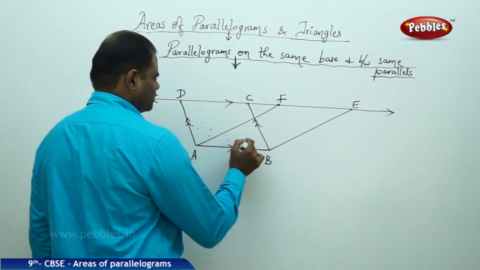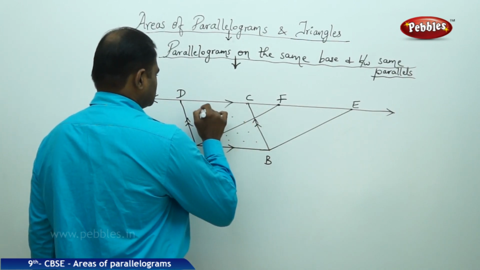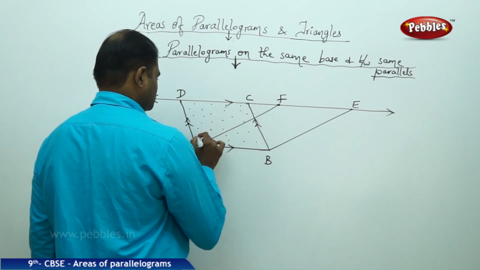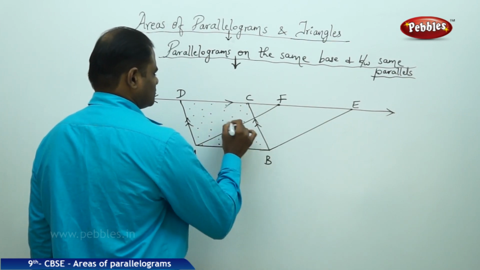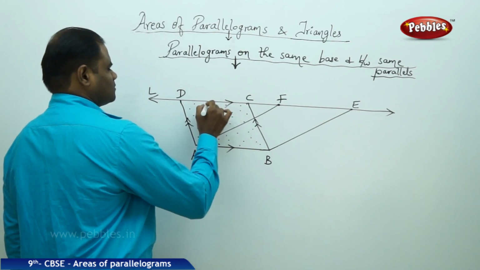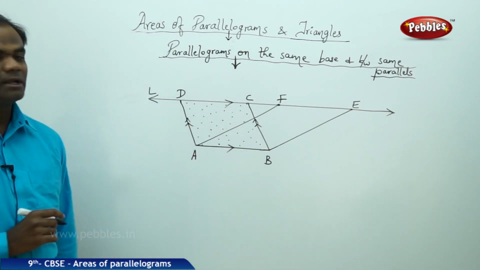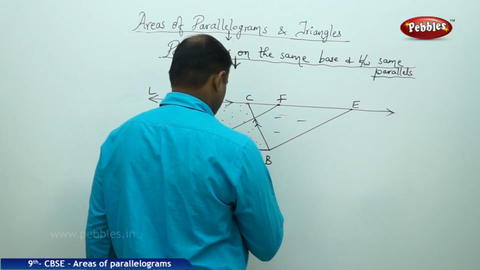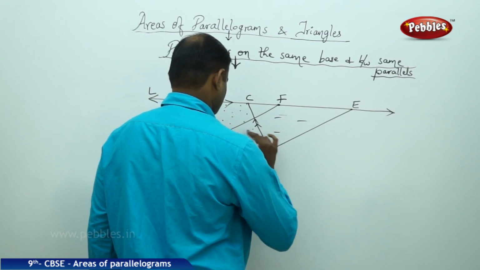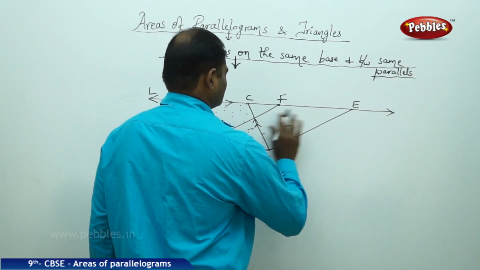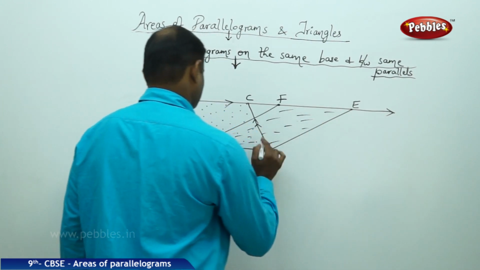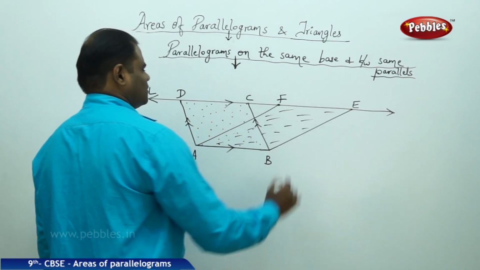One is the parallelogram which is obtained by ABCD, and the other parallelogram is this, out here.